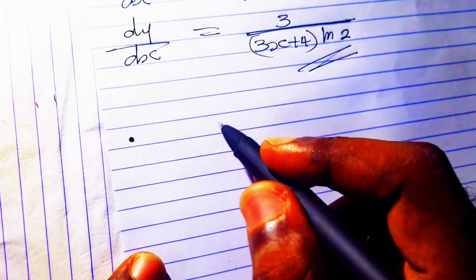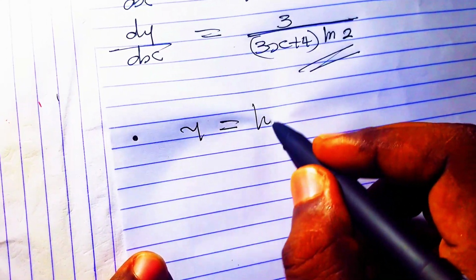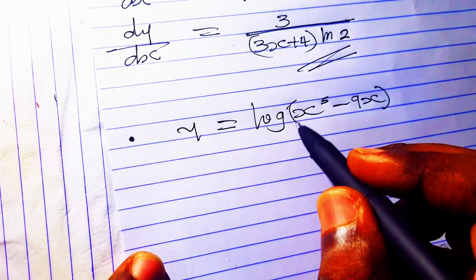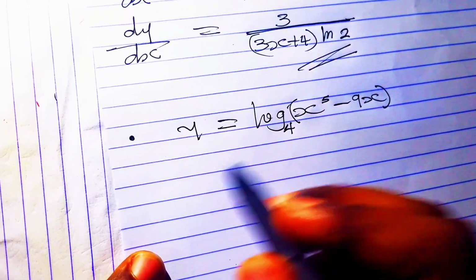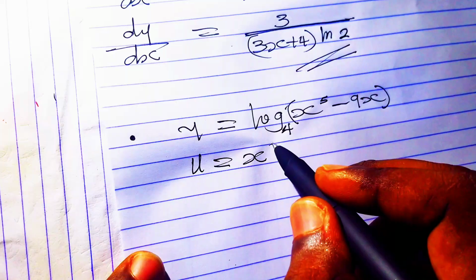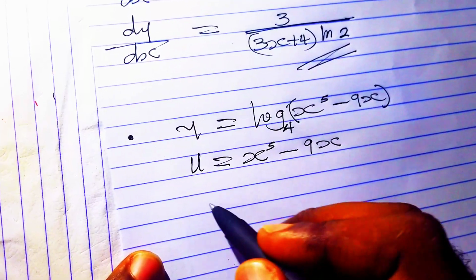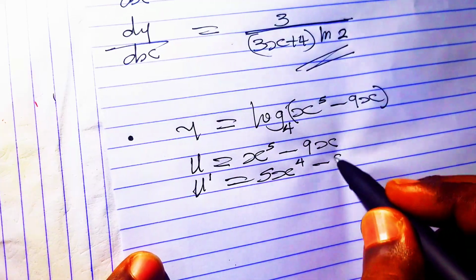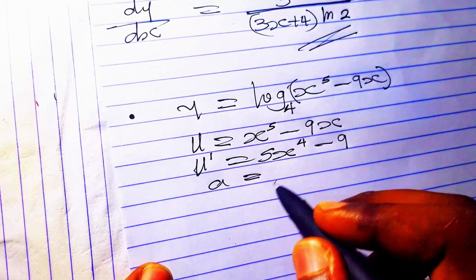Here, if you're given y equal to log x to the power of 5 minus 9x in the bracket base 4. That means our u is going to be x raised to the power of 5 minus 9x, and then u prime itself is 5x raised to the power of 4 minus 9. And then a, the base number, is 4.